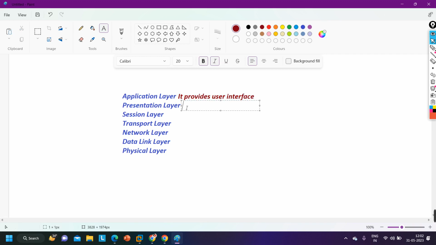After that, the presentation layer. As I told you, whenever a machine sends any data to the destination, it performs encryption. Otherwise, anyone can read your data on the link. And sometimes we need to compress the data as well.